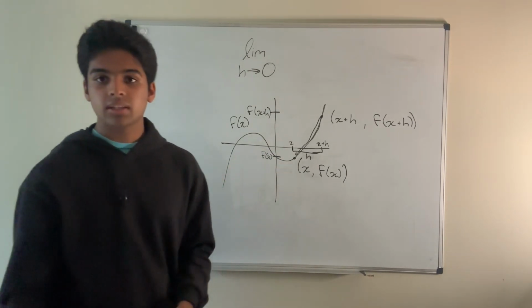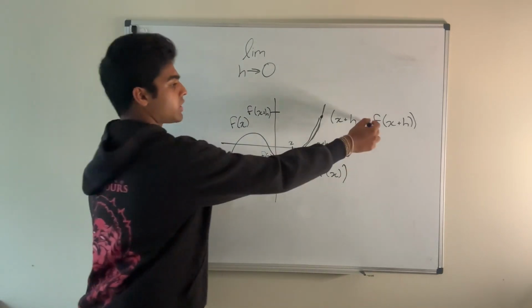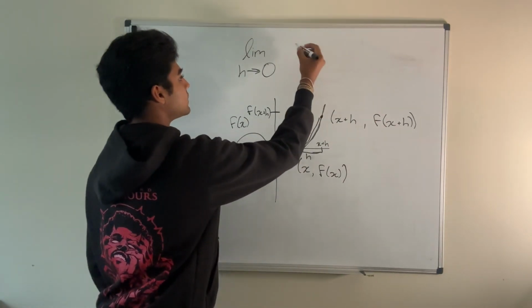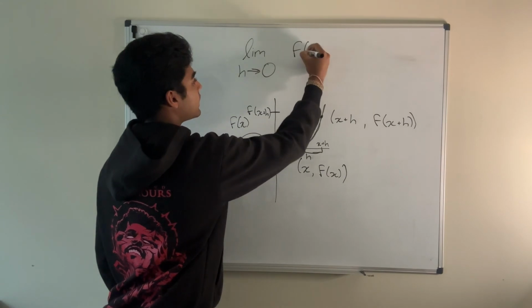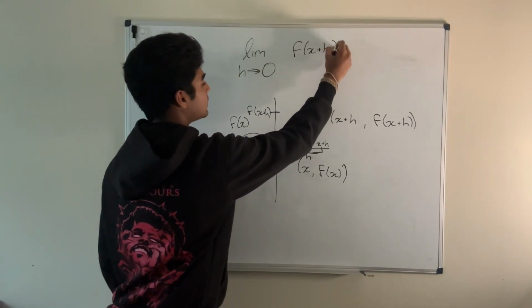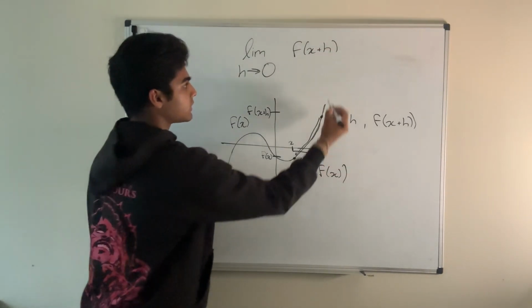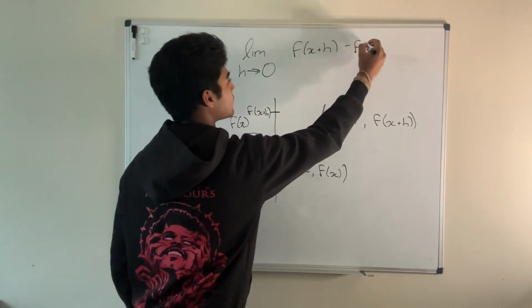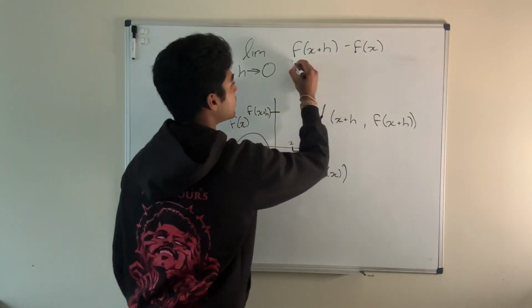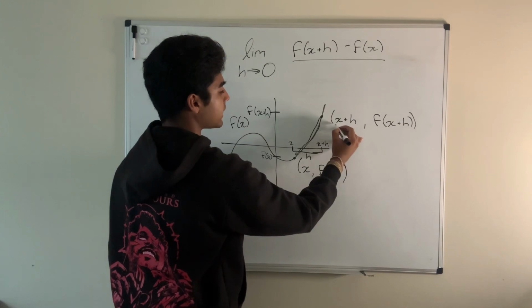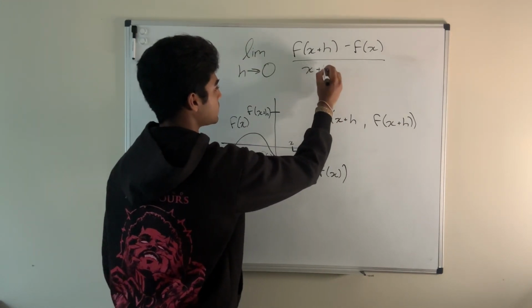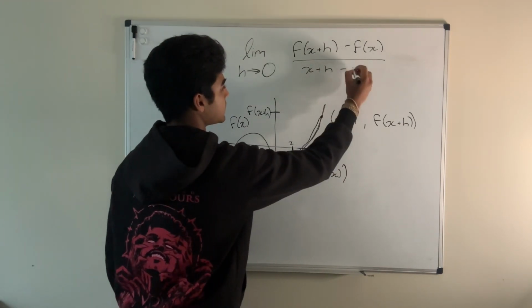So once again, let's get that equation that we got earlier. We have y2, which is f of x plus h, minus f of x, and then all over x2, which is x plus h, minus x1, which is x.